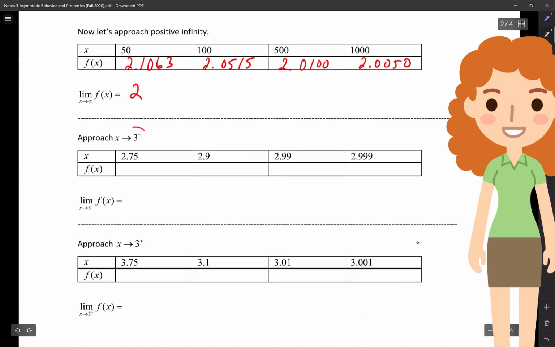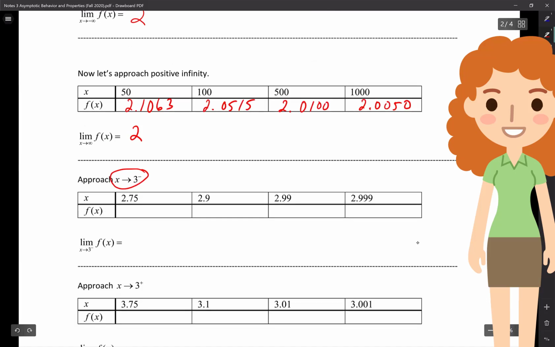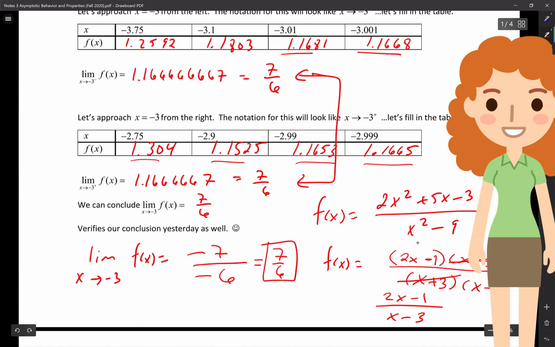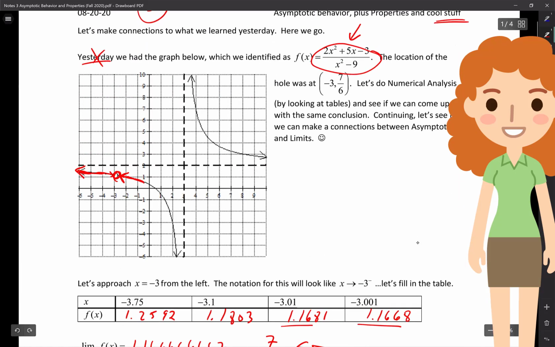Let's see what happens as I approach 3 from the left-hand side. So let's get someone else. Ms. Dinan, would it be okay if we bother you on this function? Yeah, I can. All right, so if you haven't had a chance, go to Desmos and type that little guy in.